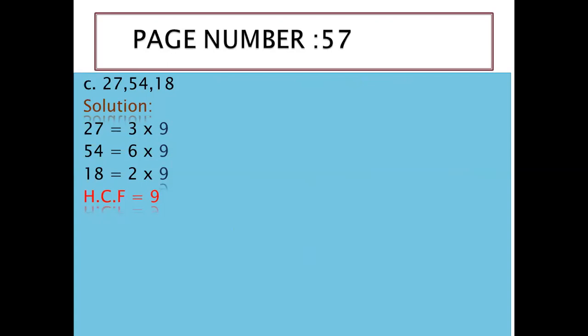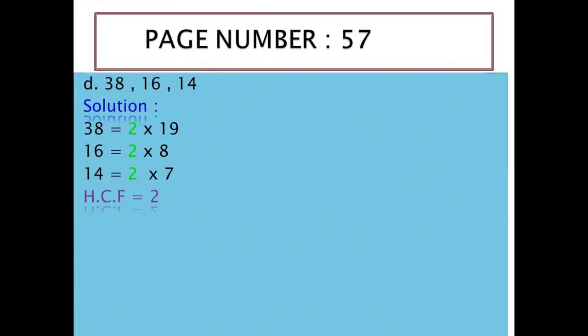If you see all these 3 numbers carefully, you can understand that these are all numbers in the table of 9. So you can easily split 27, 54 and 18 into factors of 9. So again the highest common factor between these 3 numbers is 9.